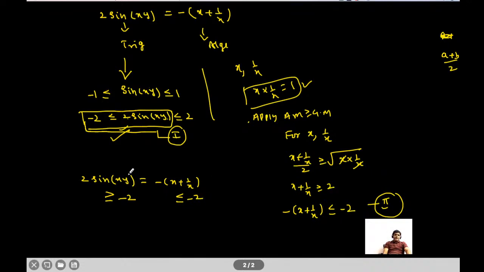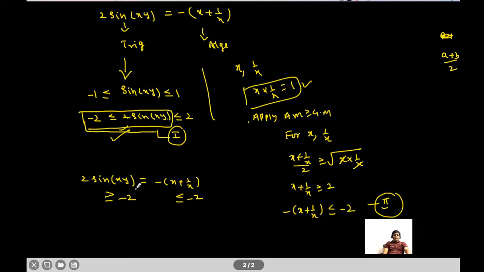But here it's an equation. When we need to solve this equation, when these two are equal, the only possibility is that both should be equal to minus 2 simultaneously. There is no other choice, because the LHS is greater than or equal to minus 2 and the RHS is less than or equal to minus 2.